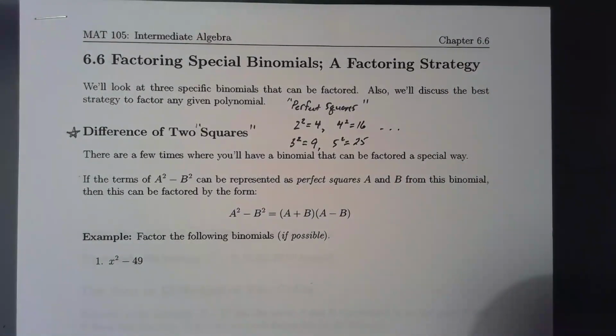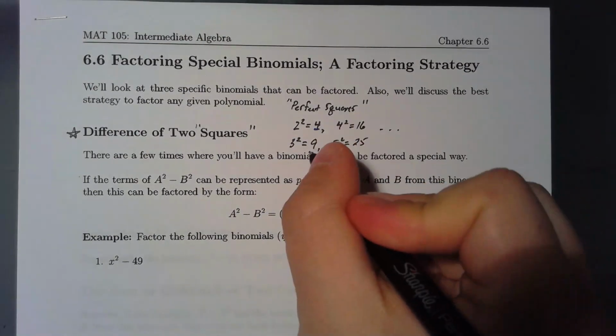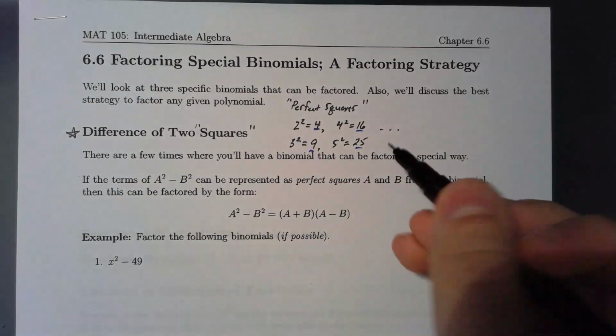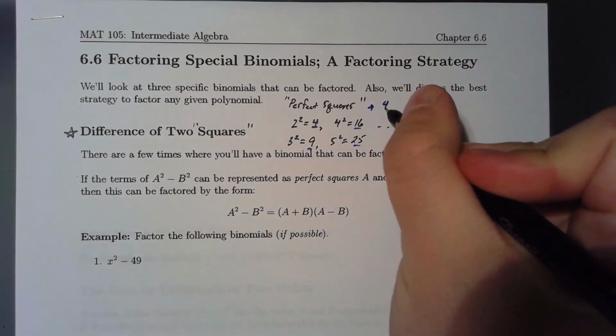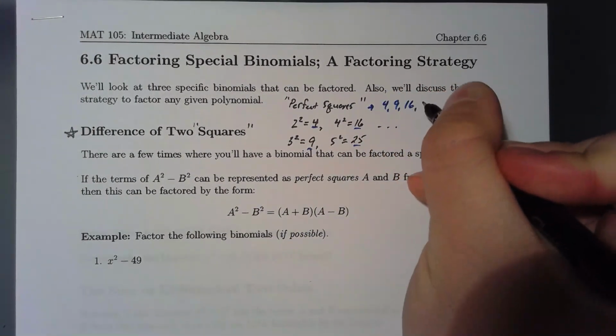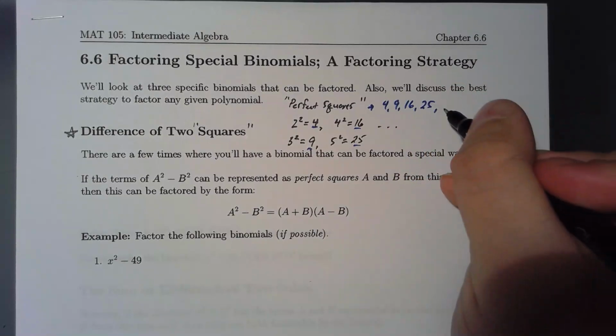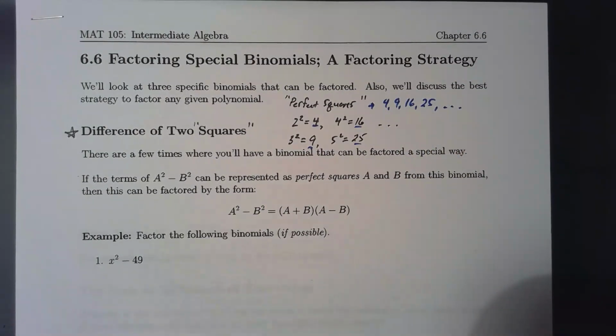But these numbers that you see here, 4, 9, 16, 25, and so on, are perfect squares.